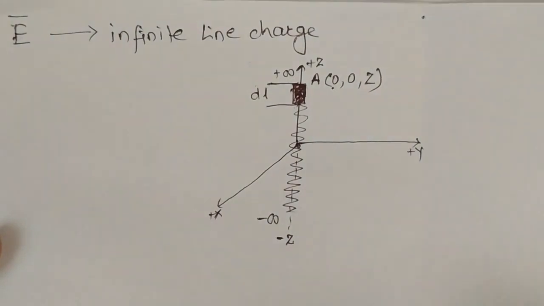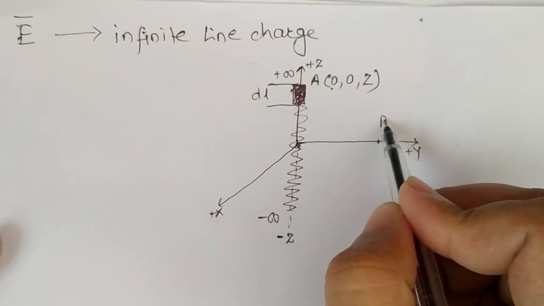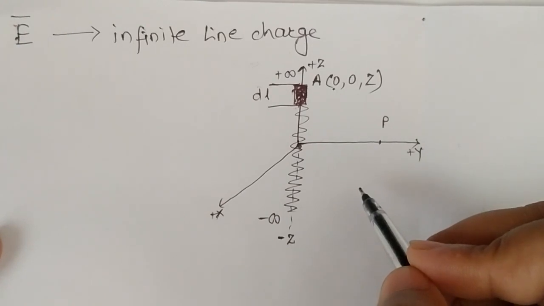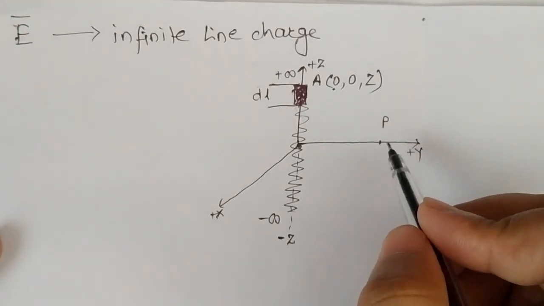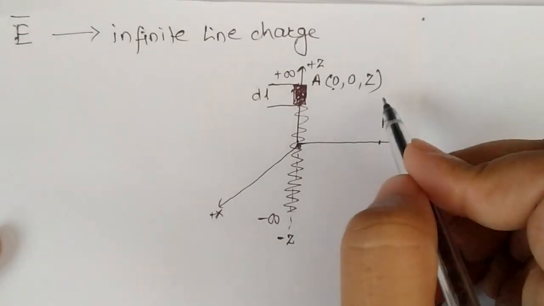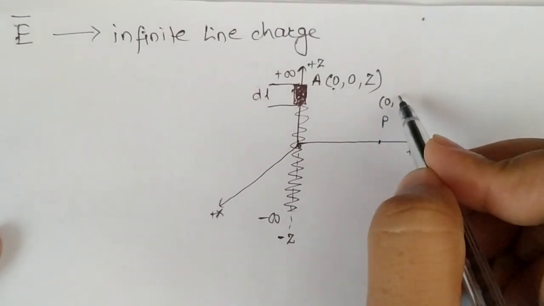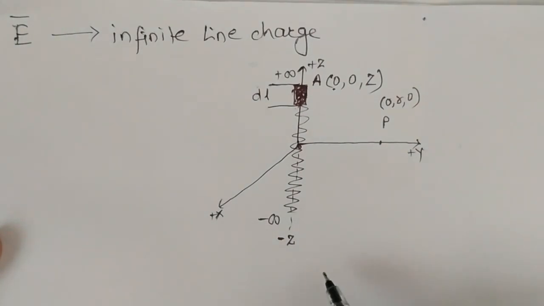And we are considering a point P along the y-axis. Since this point is along the y-axis, I am considering its coordinate as 0, r, 0. Now why am I considering this as r?